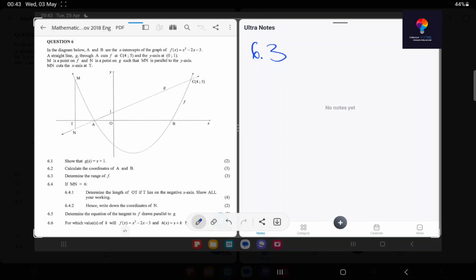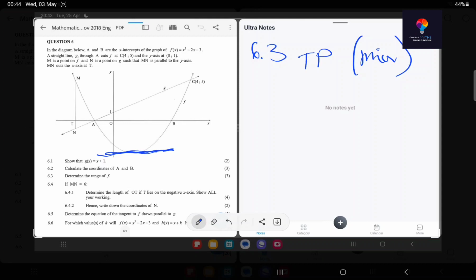I believe this will be pretty simple, because our range we're going to get from the turning point of the graph. The y coordinate of the turning point is going to give us the range, and in this case it's going to be a minimum because the graph is concave up.